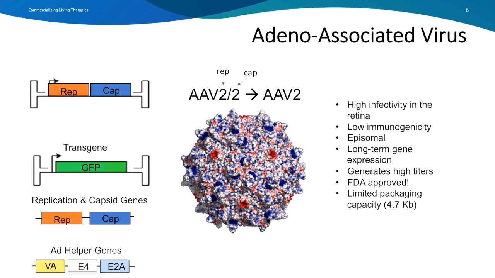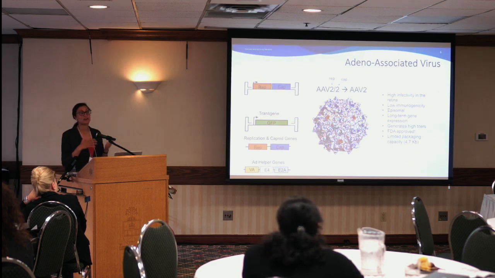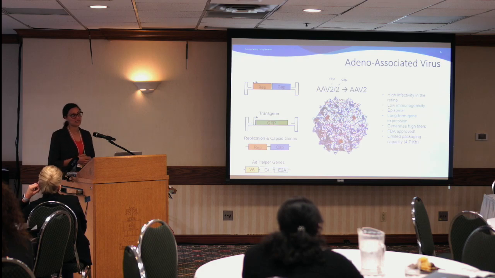And one of the negative parts about an AAV is that it does have that limited packaging capacity. So here we have our transgene GFP. It's much smaller than 4.7 kbs, but ultimately that's all you can package in an AAV. That also includes your promoter and your poly-A tail and what other sequences you need within that transgene.